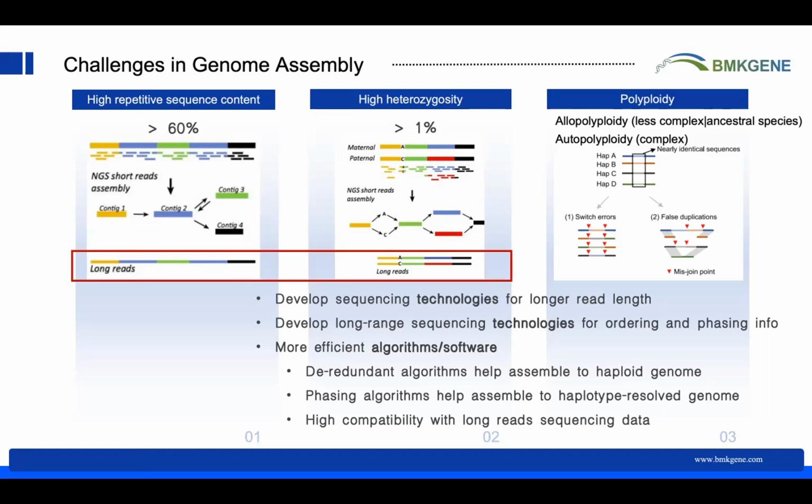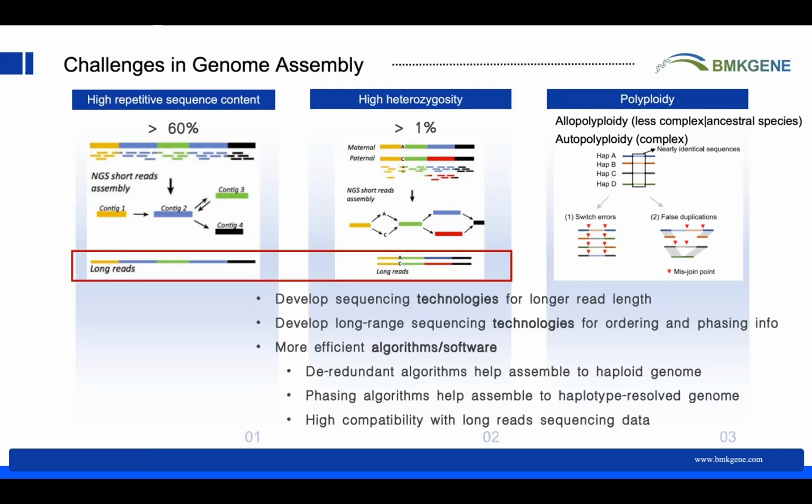So for the challenges in genome assembly, we need to develop sequencing strategies for longer read lengths. And also for the high heterozygosity bubble confusion, we need to develop more efficient algorithms or software to solve these problems in the bioinformatics analysis part.